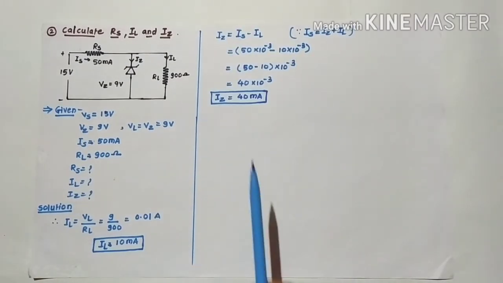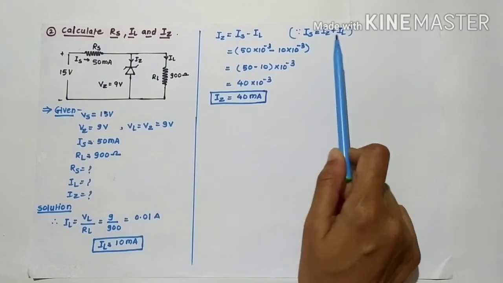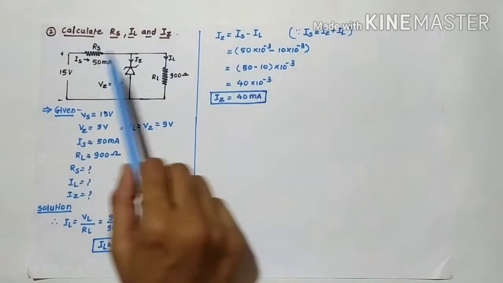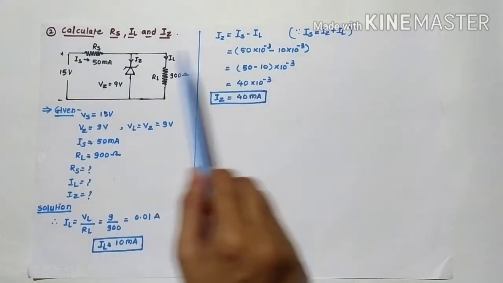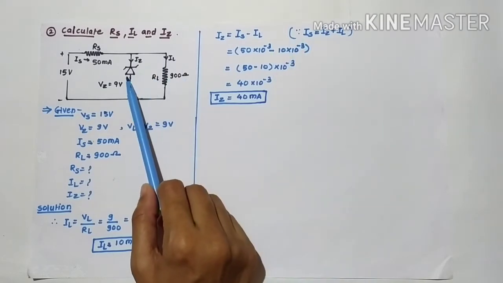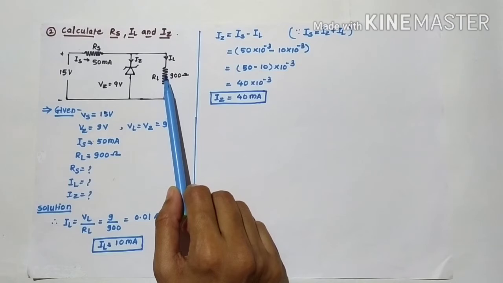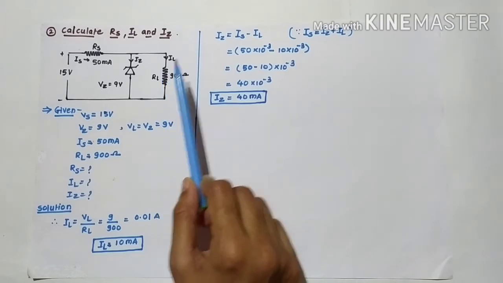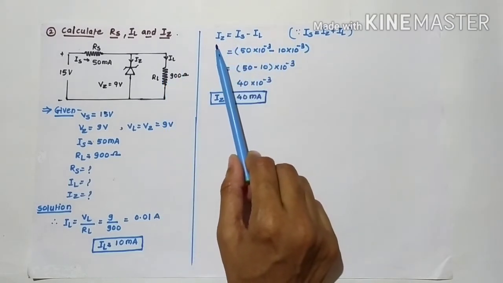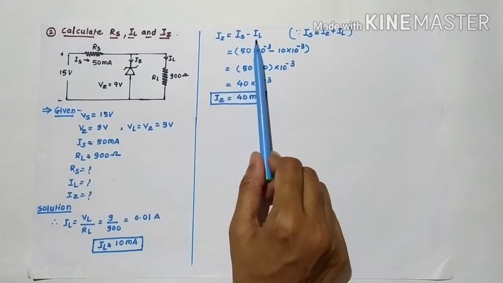Now, we know that Is, the current flowing through the series resistance, is equal to the current through the Zener diode plus the current through the load resistance. By rearranging the equation we get Iz is equal to Is minus IL.